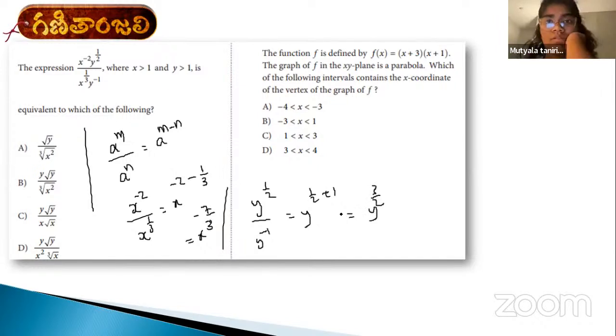So totally its answer is x power -7 by 3 times y power 3 by 2. Since it has negative, it can be written in the denominator. So it is equal to y power 3 by 2 whole by x power 7 by 3.